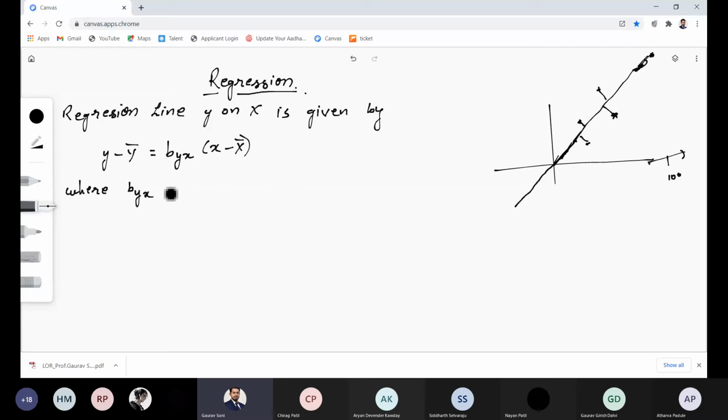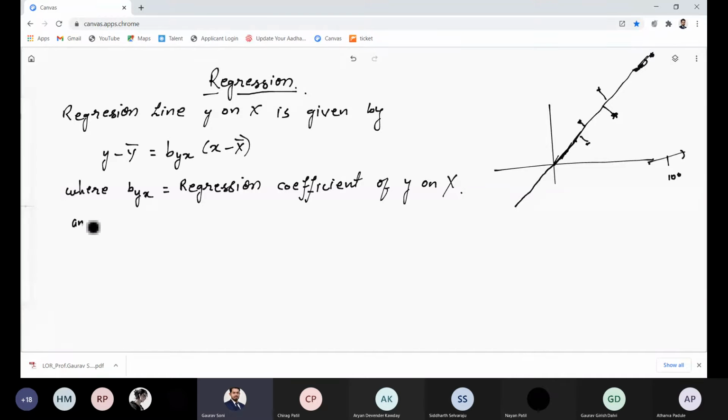So byx is called the regression coefficient of y on x, and byx is equal to r into sigma y by sigma x.